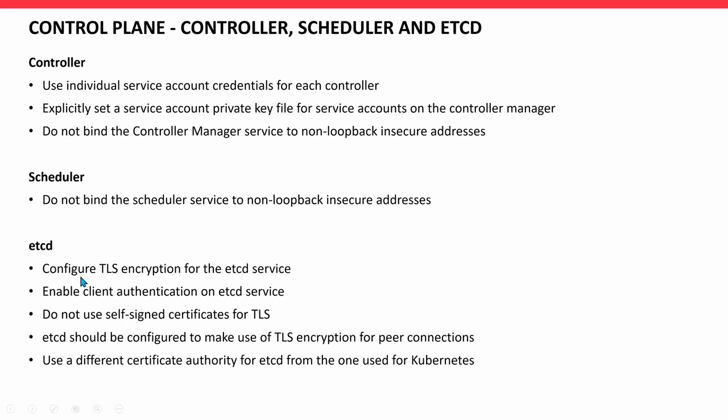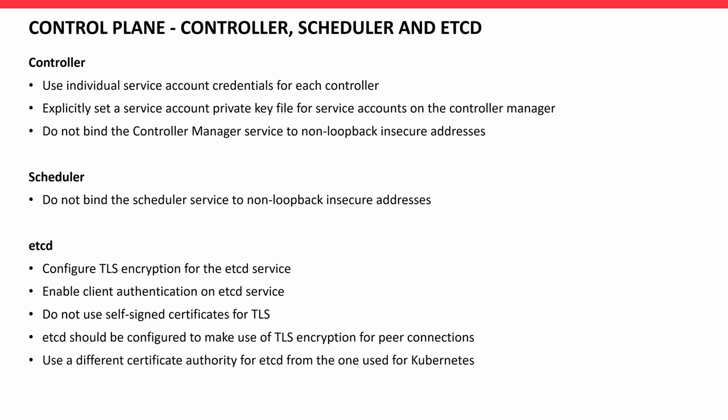For the etcd database, configure TLS, enable client authentication on the etcd service. Do not use self-signed certificates for TLS. You have to use a CA authority or any commercial certificate to protect the etcd. etcd should be configured to make use of TLS encryption for peer connections.